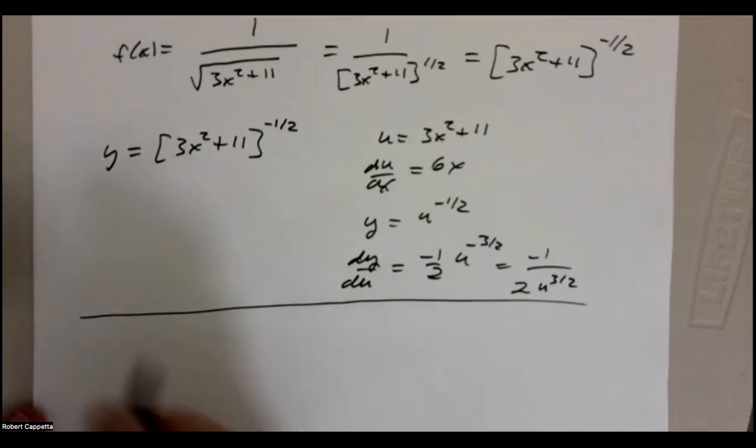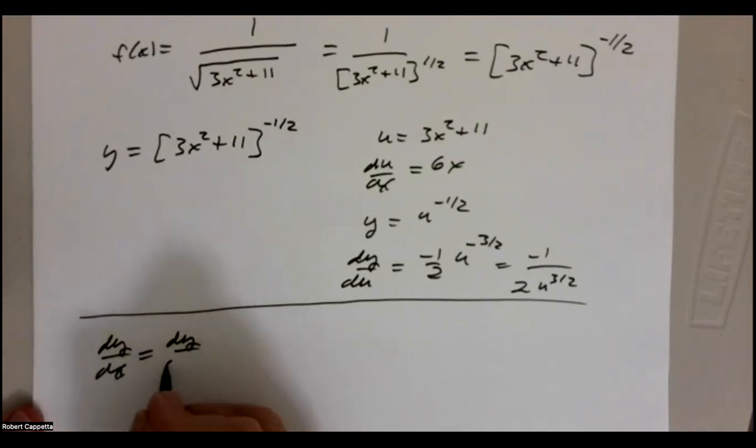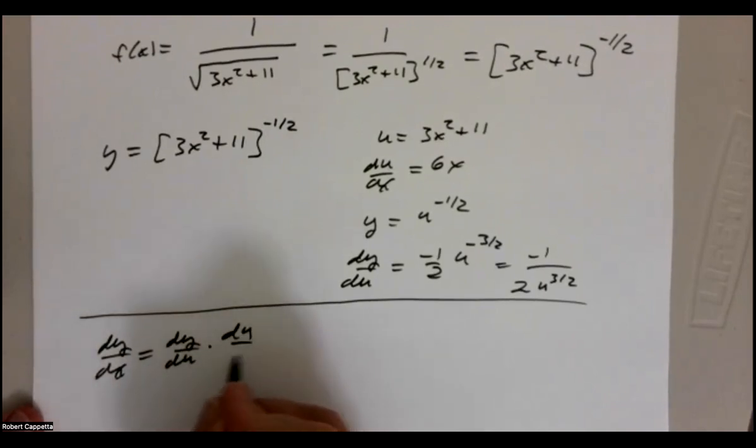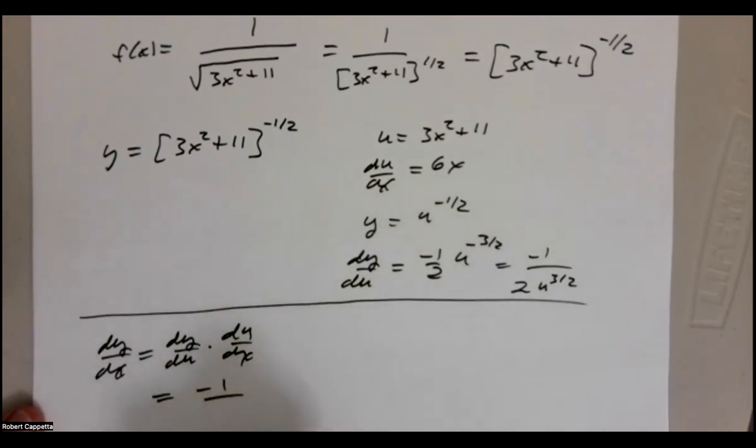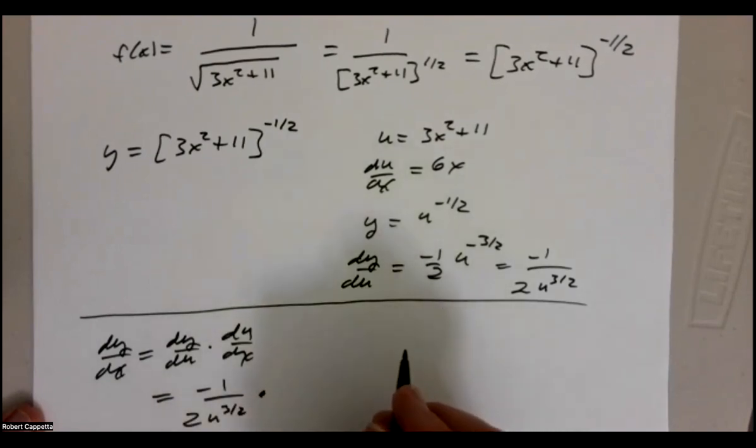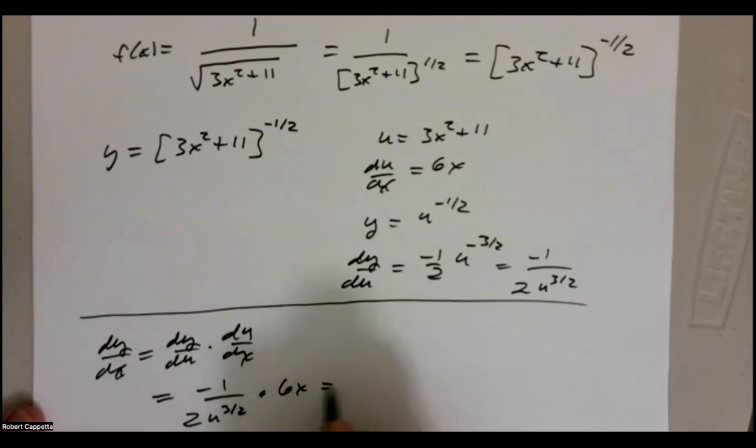Then we say dy/dx equals dy/du times du/dx. dy/du is negative 1/2 times u to the 3/2, times du/dx, which is just 6x, giving negative 6x over 2. What was u? 3x squared plus 11.